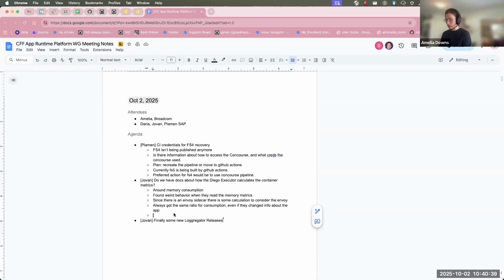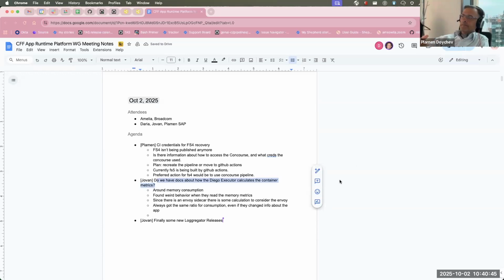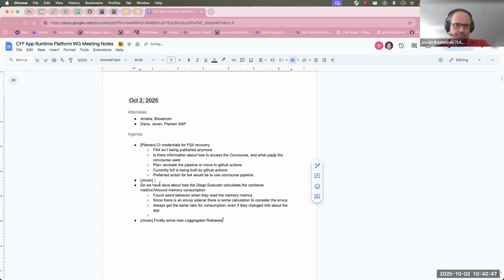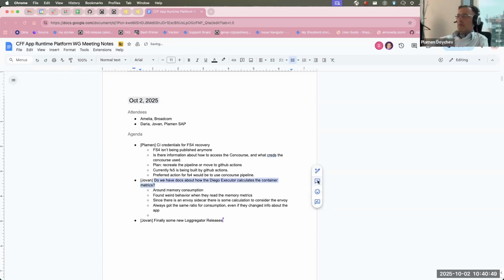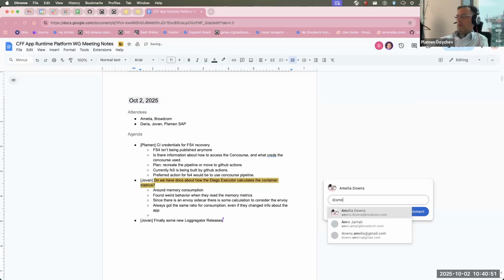I'll look around and see what I can find. But also if you could open a bug. As far as I remember, the amount of memory is configurable. There is a Bosch property.